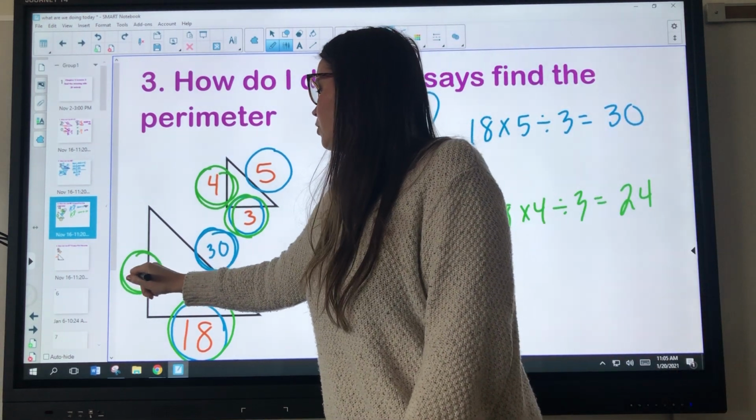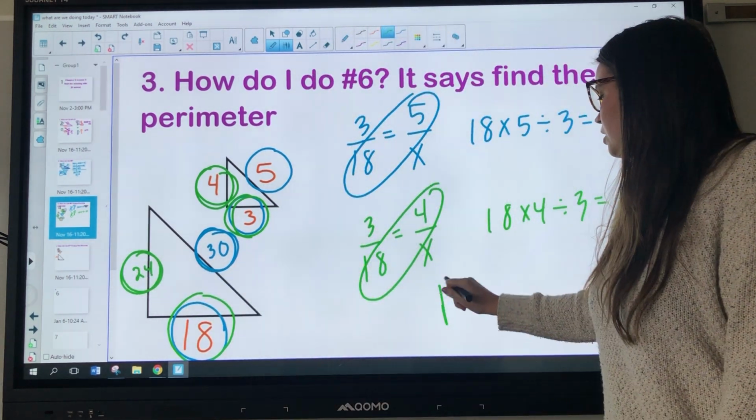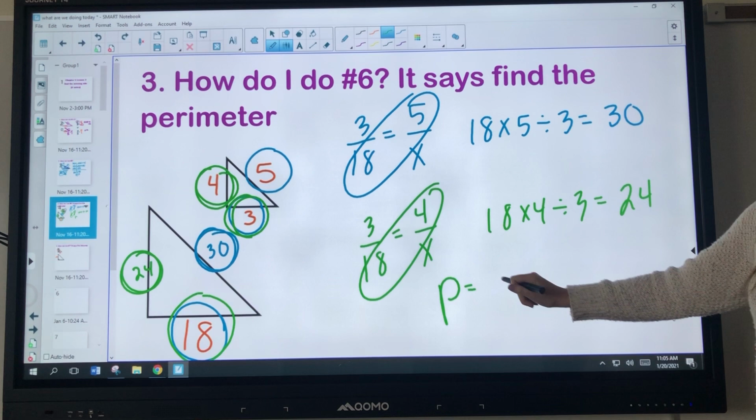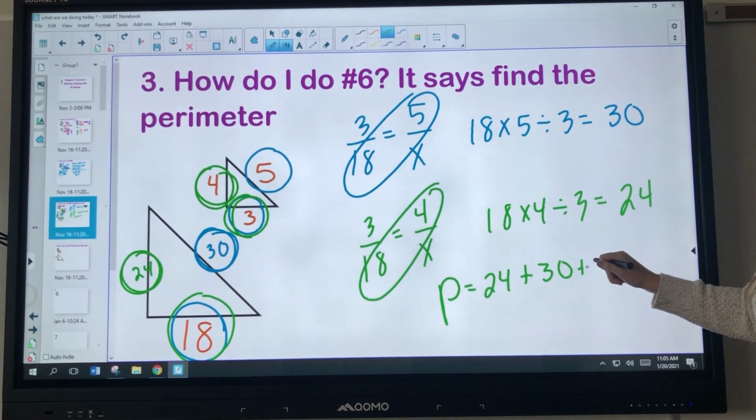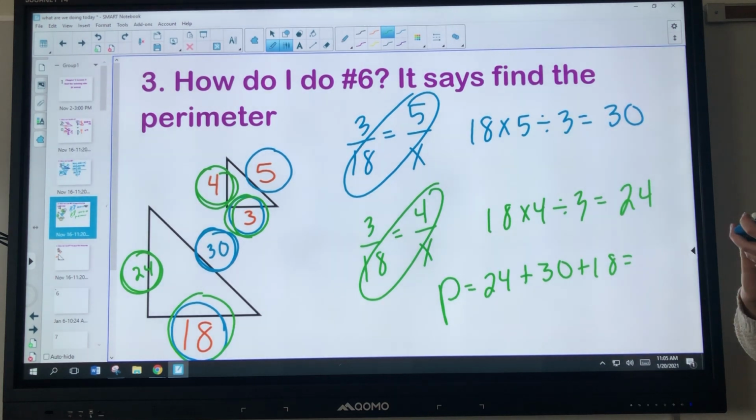And now you can find the perimeter, because perimeter means add up all 3 sides. So you add up 24 plus 30 plus the 18, and that's your answer.